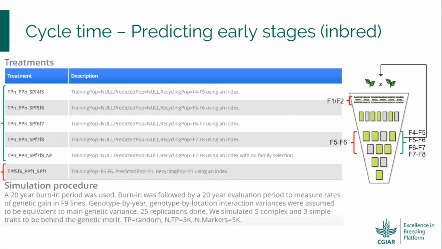And I want to start by going back to the example that I shared with you yesterday when we were talking about applying genomic selection to reduce the cycle time. As you may remember, we were first comparing some of the classical strategies and then the introduction of genomic selection, and we identified a big issue.